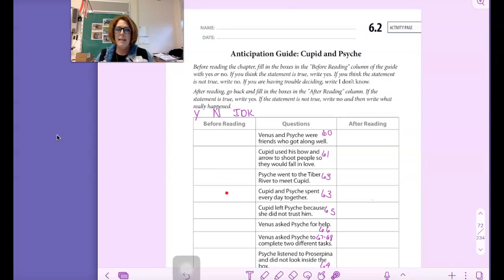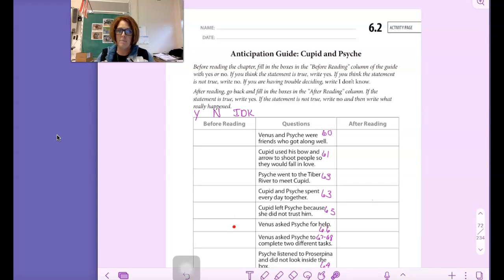Cupid and Psyche spent every day together. Y or N? Cupid left Psyche because she did not trust him. Y or N? Yes for true, N for not true, IDK for I don't know. Remember, you can put IDK for 2 boxes.